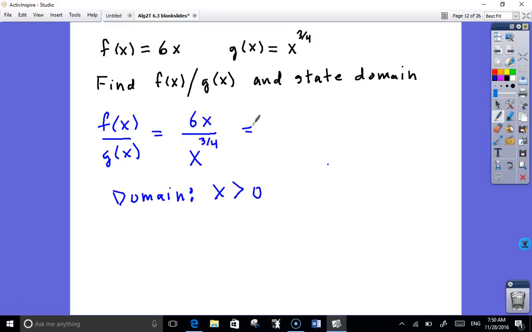Then the truth is, we can simplify that, right? What do you do with the exponents when you divide? You subtract, okay? But this time it's going to be 1 minus 3/4, which is going to be 6x to the 1/4. Now, just looking at that, with the x to the 1/4 in the numerator, I would think, well, that's greater than or equal to 0, right?